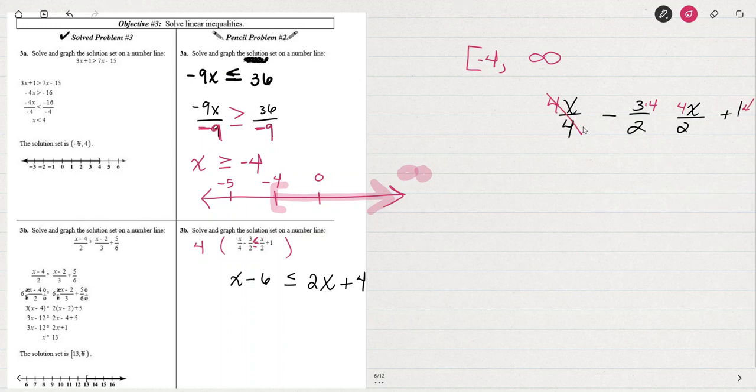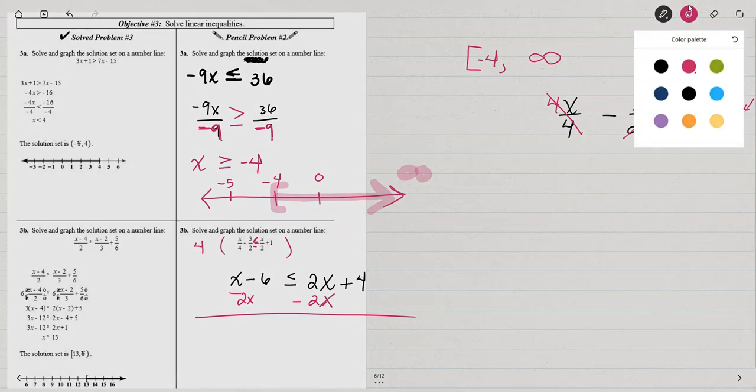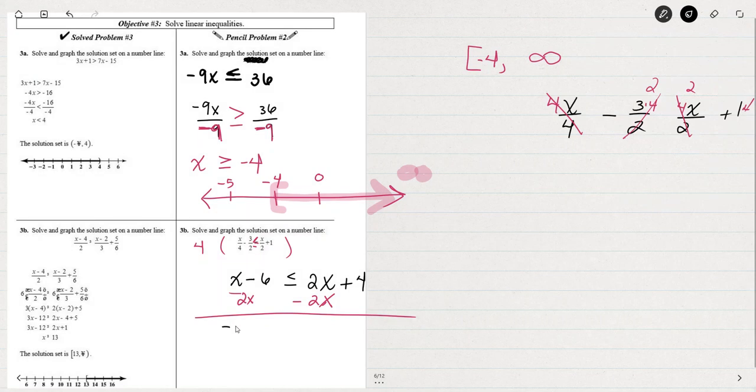So here the 4 is divided out, and we're left with x. 12 divided by 4 is 6. 2 times 3. 2 goes into 4 twice. And then 1 times 4 is 4. Next, I'm going to subtract 2x from both sides, so I can isolate the x. x minus 2x is going to be the opposite of x.